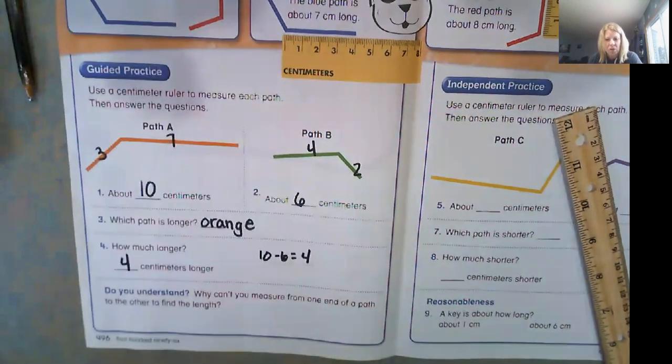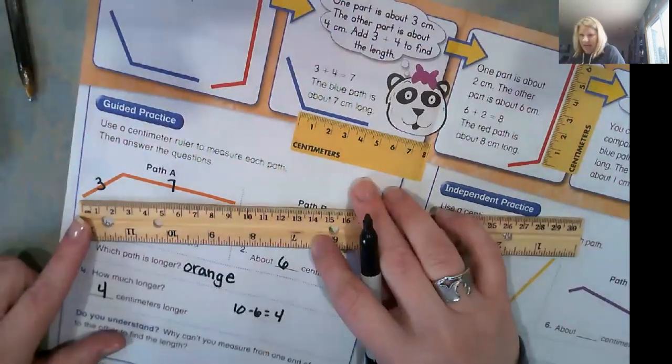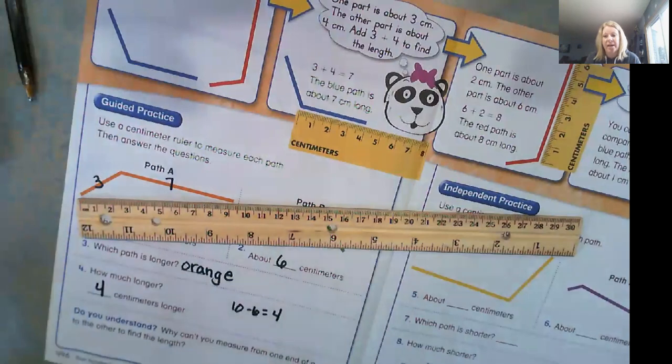Why can't you measure from one end of a path to the other to find the length? Well, just like I just tried to do on the front, right? I showed you guys. If I measure from this end to this end, I'm not getting a complete path.